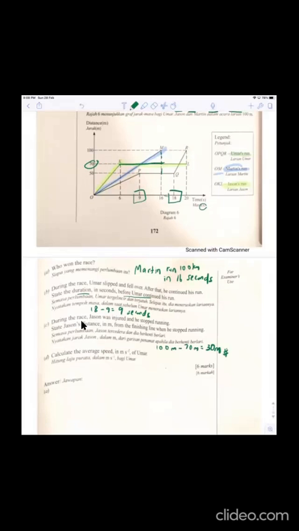Okay, the last one we need to calculate the average speed for Uma. So let's see Uma. Uma is the OPQR, the bottom line. Okay, average speed equal to distance divided by time. So this is the triangle chart. Distance on the top, average speed, and the time. If you want to find distance, you use average speed times the time.